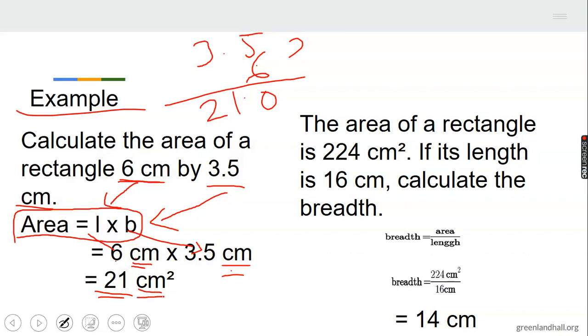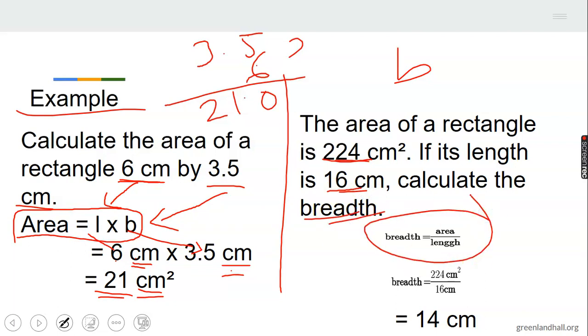Now, look at that of when you have to calculate for breadth. You can see area is given, length is given, but breadth is missing. So we use this formula, breadth equals area all over length. Now, what do we have here?